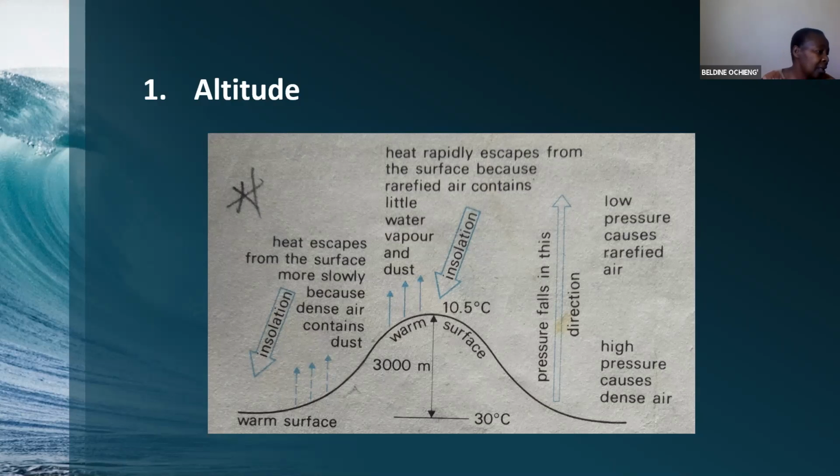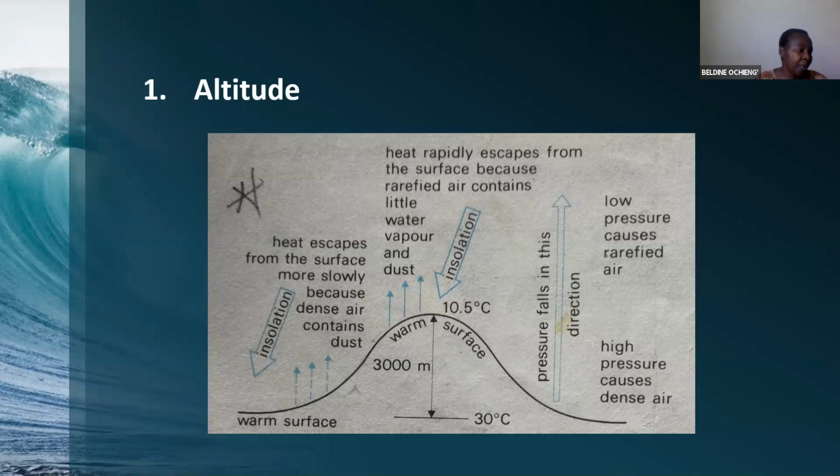Then on top of this mountain, we can see heat rapidly escapes from the surface because it is rarefied air that contains little water vapor and dust. Then the degrees here are just rough estimates. Down on the slopes, down there on the lowland, we have around 30 degrees.